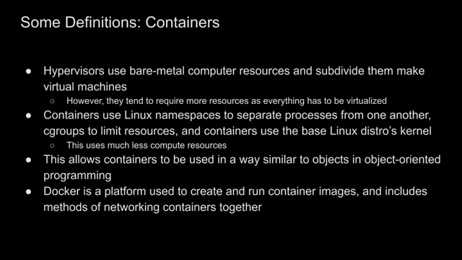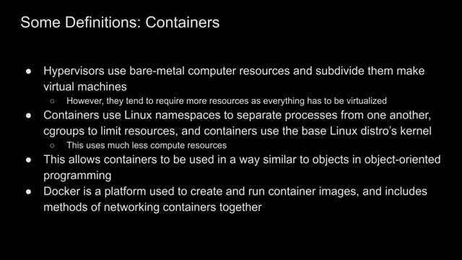Containers are a different form of virtualization. They use Linux namespaces to separate processes from one another, and cgroups to limit the resources available to a specific namespace. These containers also use the base operating system's Linux kernel amongst themselves. So they all use the same kernel and the same code base, which makes them much less resource intensive, and as a result they also use a lot less compute resources.